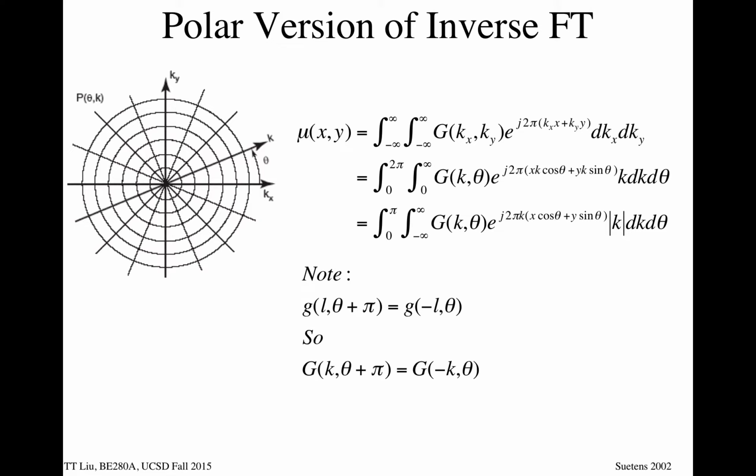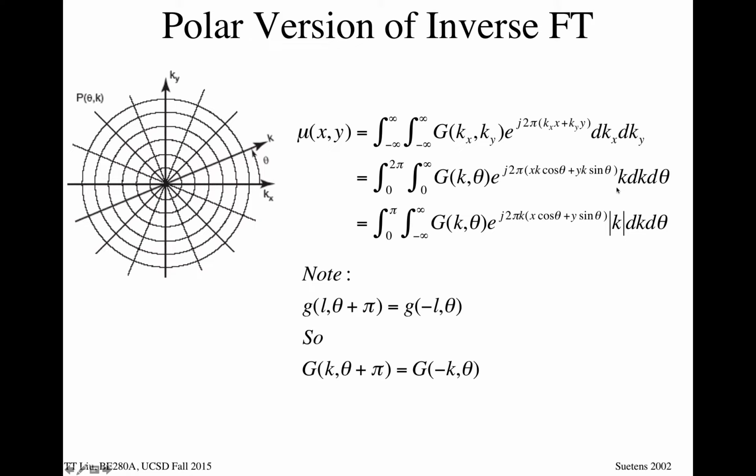Because the unit of volume geometrically is different as a function of position in space. In Cartesian coordinates, the unit of volume is always just a little box, which is basically dx dy. When you go into polar coordinates, the unit of volume is a little pie-shaped thing that you have to put a k here in order to get the integral right.